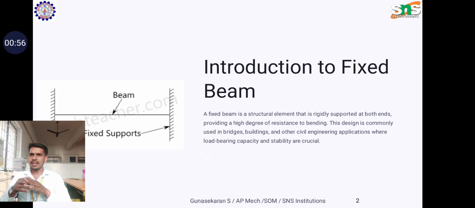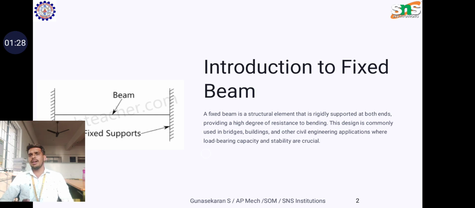Supported condition: fixed beams have fixed supports at both ends, which provide resistance to both vertical and horizontal movement as well as rotation. Rigidity: unlike simply supported beams, fixed beams are much stiffer and less susceptible to deflection under load due to the fixed support conditions.